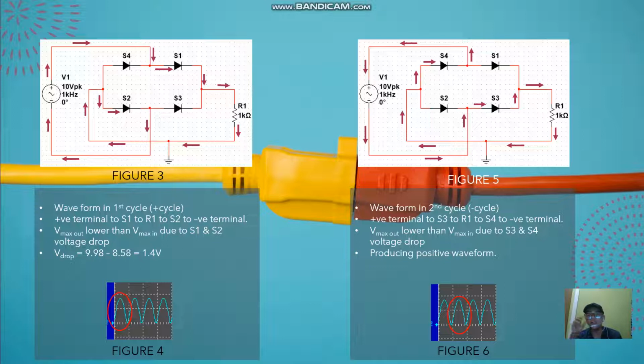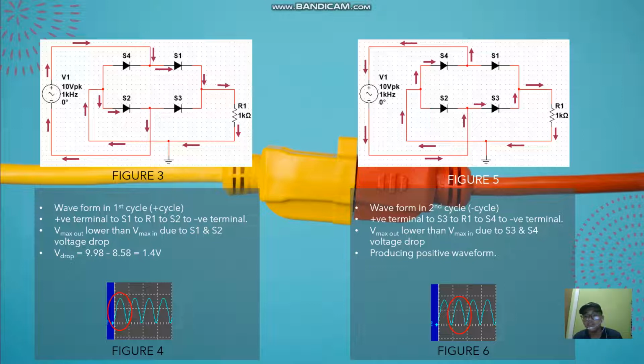Then we go to the second cycle, which is the negative cycle. Even though it is the negative cycle, you need to know we are using AC, alternating current, so our terminals change every time. For the first cycle it was positive on top and negative on the bottom in the figure, but for the negative cycle, the positive terminal is at the bottom and the negative terminal is at the top.